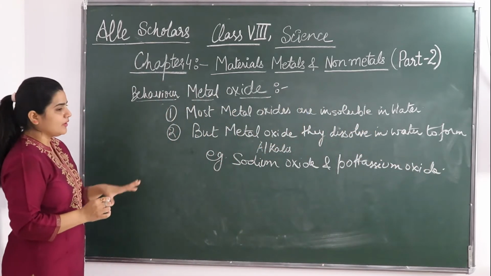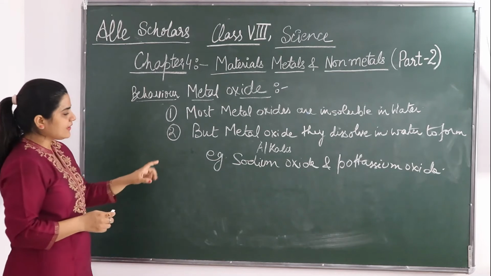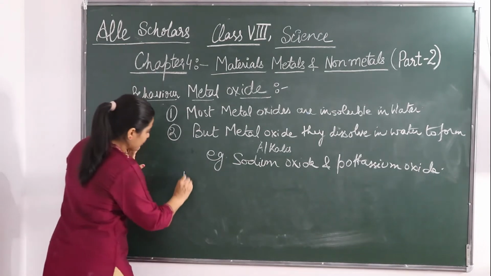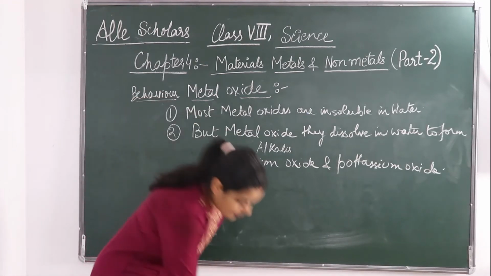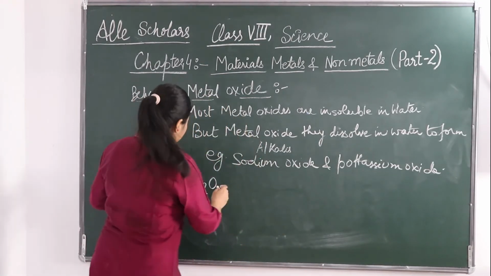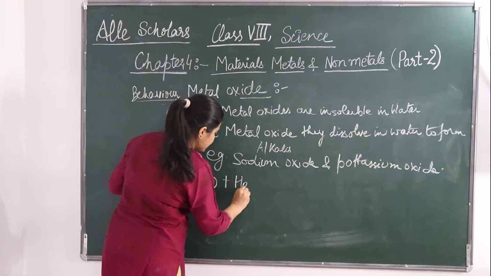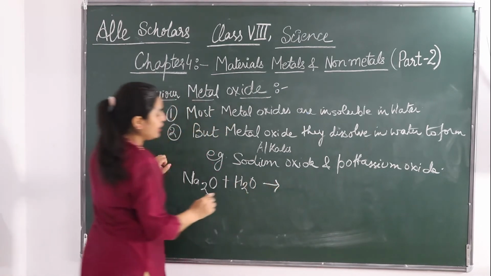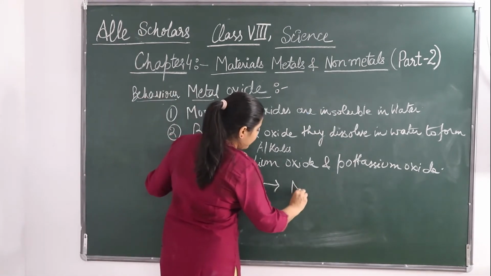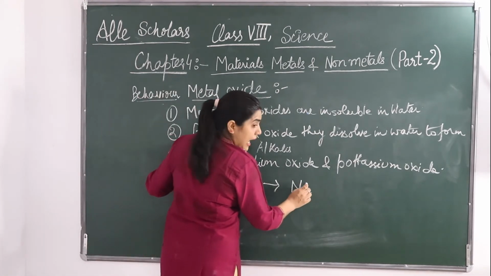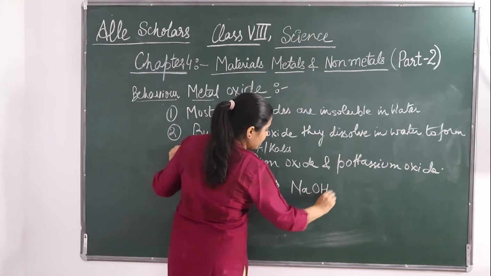Let's see the reaction. First we take sodium oxide, Na2O, plus water. We are seeing whether it dissolves. It forms an alkali, NaOH.